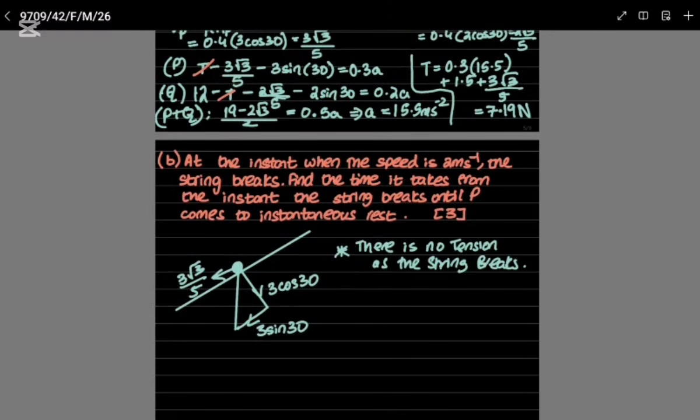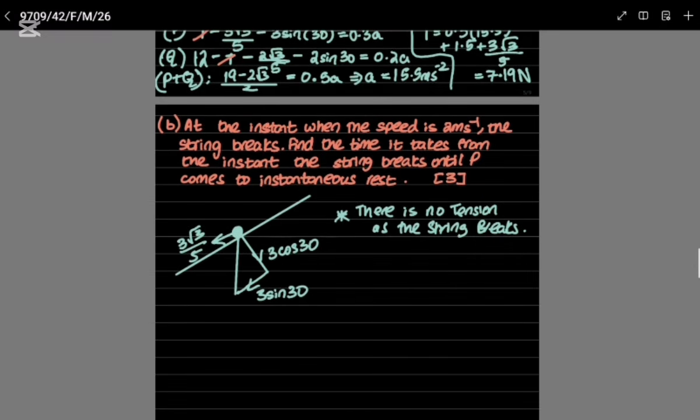But the thing to keep in mind is it won't just immediately go down. It's going to go up. It comes to instantaneous rest and then it changes direction, because it can never just go back immediately. It has to come to a point where its velocity becomes zero and then it changes its direction.